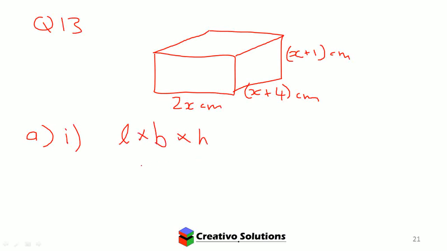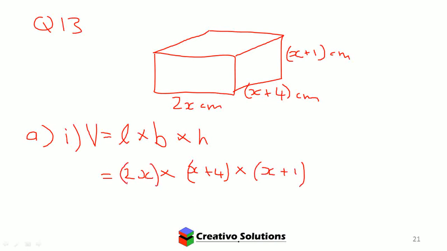That will give me volume, and that is what I'm asked to calculate. So length, I'm going to use 2x times breadth or width, which is x plus 4, in a bracket, remember it's multiplication, and then multiply by x plus 1.